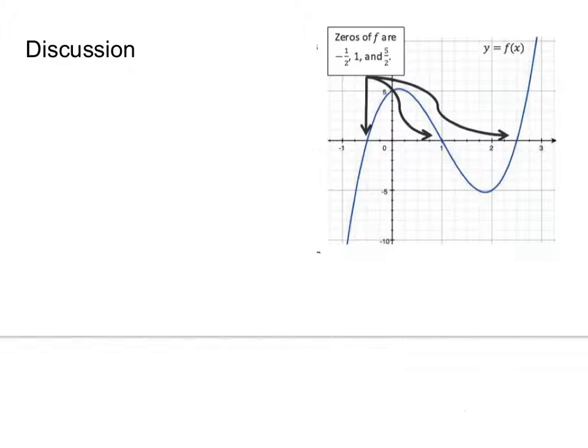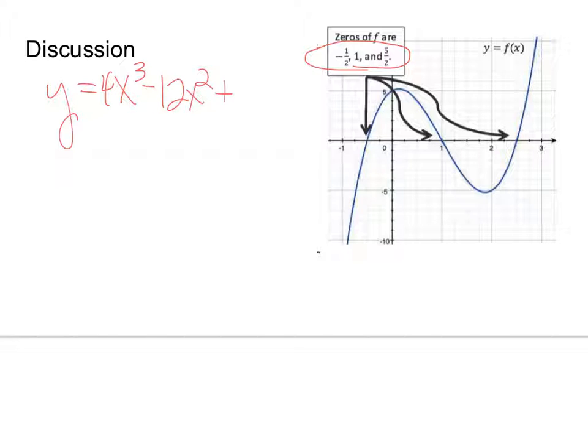Cool. Okay, a discussion here. We just said that the previous equation, which was really long, has 3 zeros, which are right here. If you grabbed your calculator and you typed y equals 4x cubed minus 12x squared plus 3x plus 5, your graph would look like this.